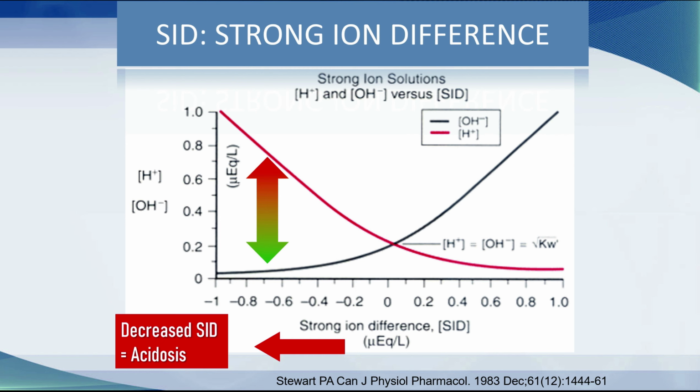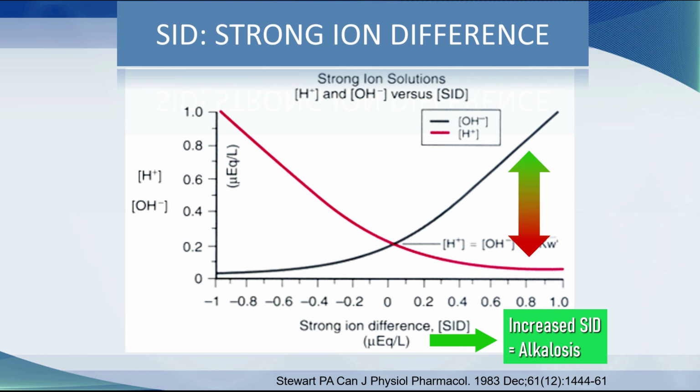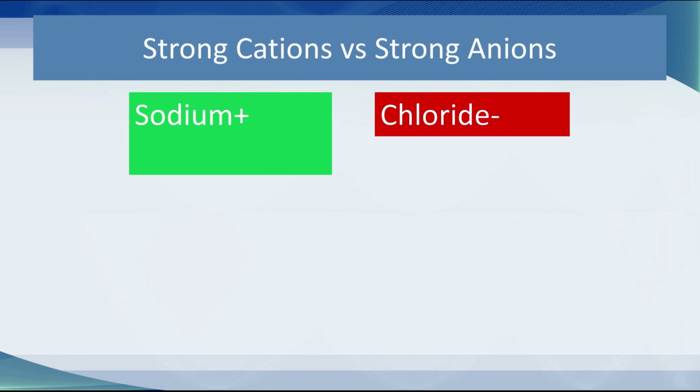Electrical neutrality must always hold. If the strong ion difference increases, there is a surplus of positive charge over negative charge, and this results in metabolic alkalosis. So let's look at strong anions versus strong cations.